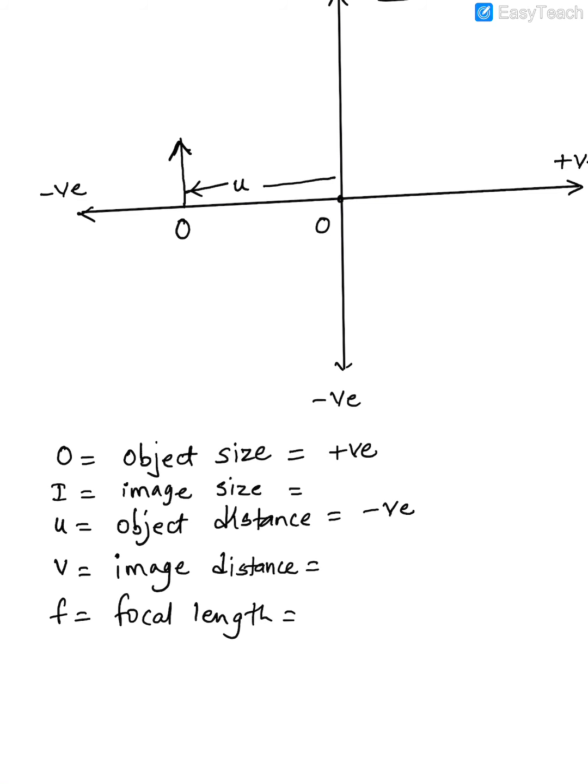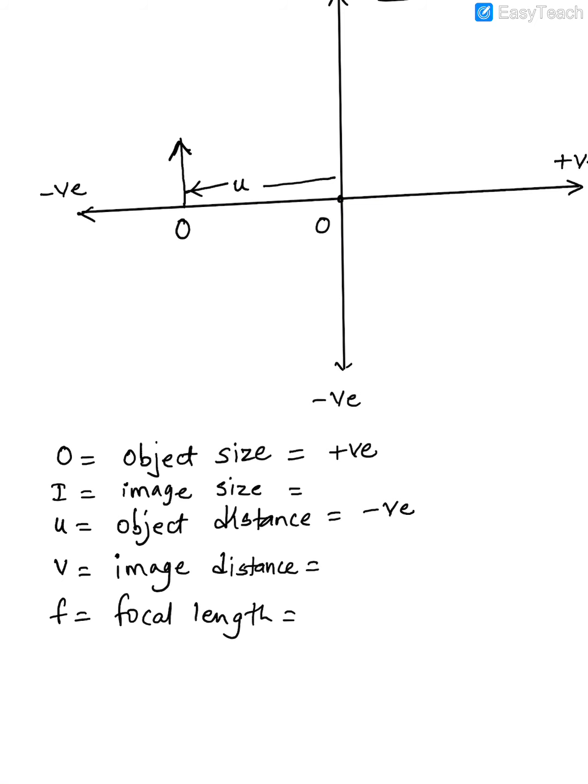What is the principal focal length? Where is your focus? F2 is your principal focus. In case of a convex lens, your F2 will be on the right side and your F1 will be on the left side. Got it? So F2 will always be taken as positive in this case. Is it clear?